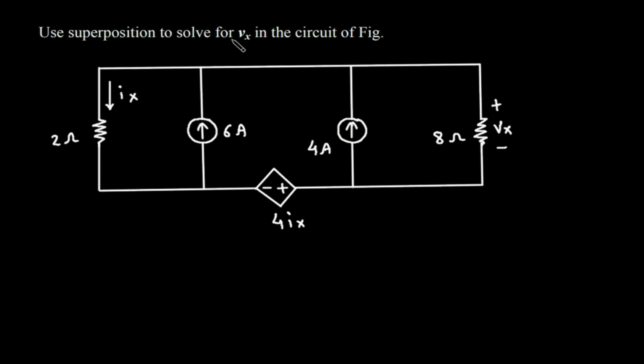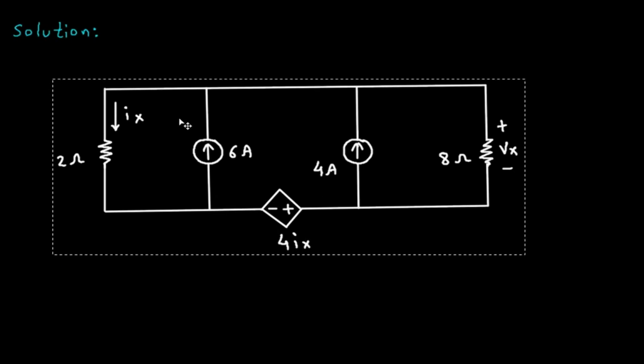Use superposition to solve Vx in the circuit of the figure. We have to find this Vx using the superposition principle or superposition theorem. As we can see, there are a total of 2 independent sources and 1 dependent source. Solution. First of all, we will redraw the circuit.